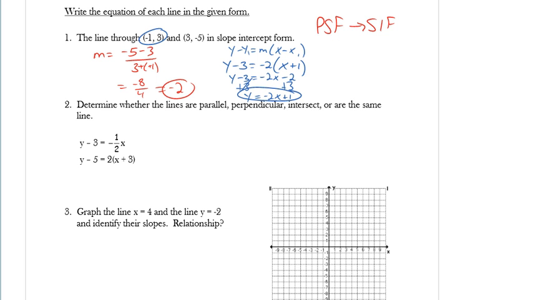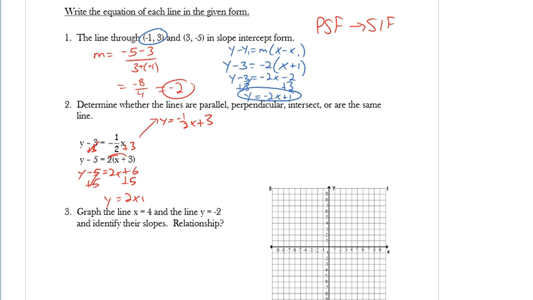So this one, pretty simple, add 3 to both sides, so that one's going to be y equals -1/2 x plus 3. Not bad. Other one's not bad either. Distribute, so we get y minus 5 equals 2x plus 6, and add 5 to both sides.